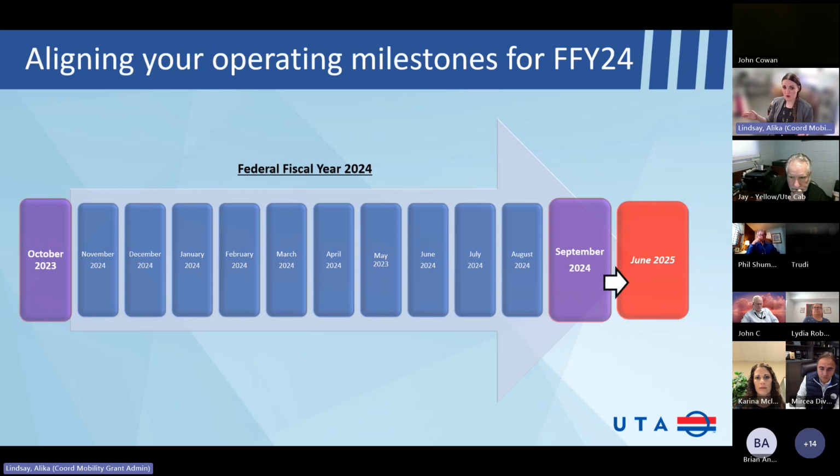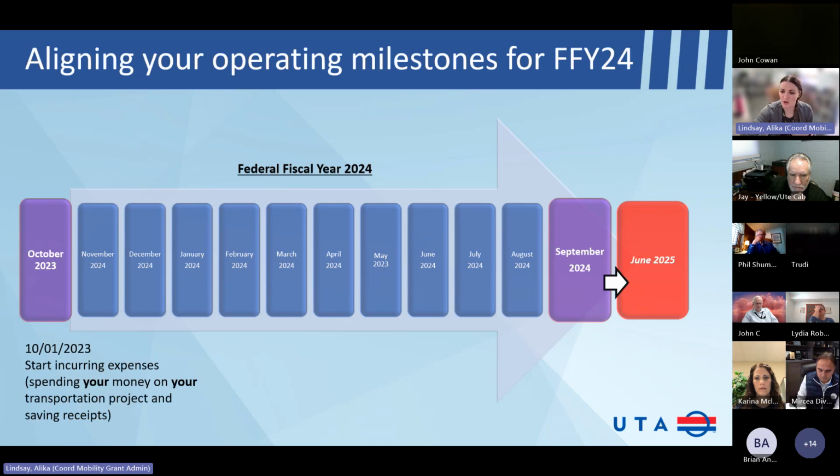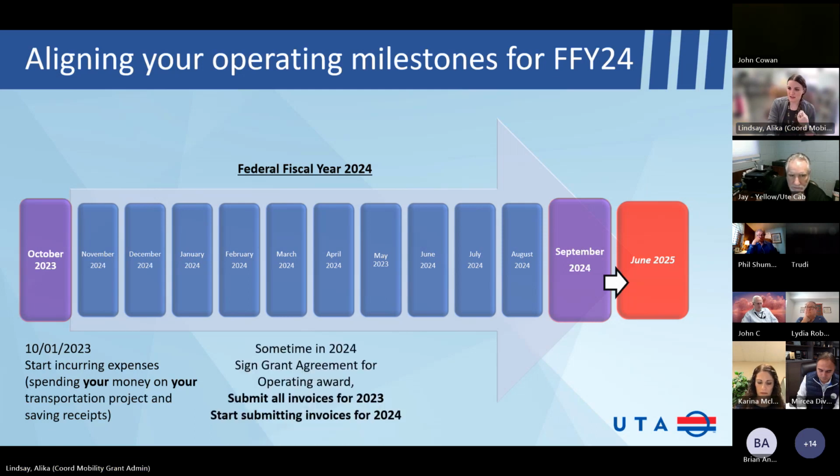Then federal fiscal 2024, because remember, our grants are 2 years lumped into one. So we do a 2-year grant cycle. So we have 2023, 2024. So federal fiscal year 2024, your milestone for operating would be you start incurring your expenses October 1st, 2023, which means spending your money on your transportation project, saving your receipts, collecting your data.